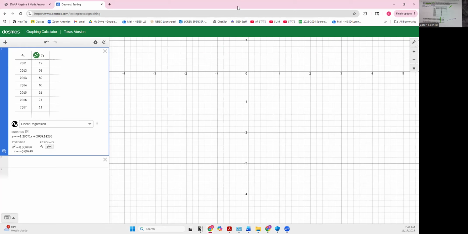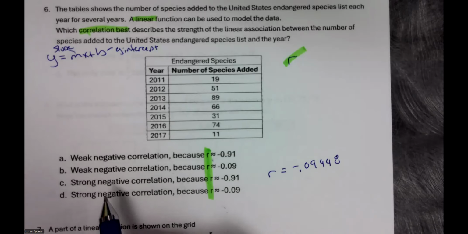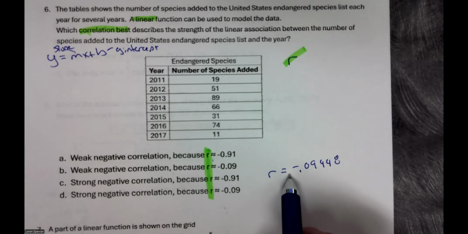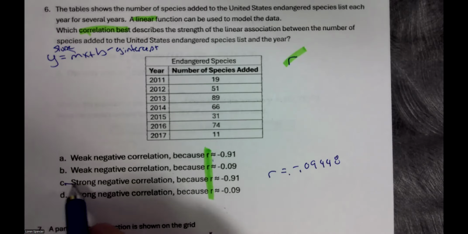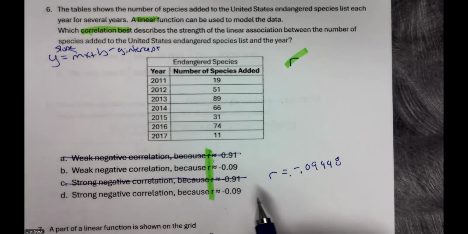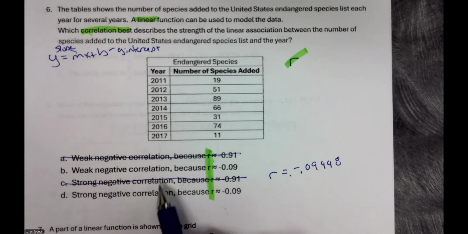So let's look at our answer choices. First off, it's negative. Okay. So it's negative and it's 0.09. Well, that means we're getting rid of this one and we're getting rid of this. Now the question is, is it weak or strong?